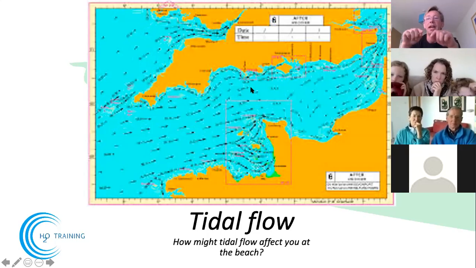Now, the reason for that is quite difficult to get your head around, but in effect, we go back to our analogy of the Earth. Remember that the Earth is spinning, and as it spins, the bulk of water is moving around.